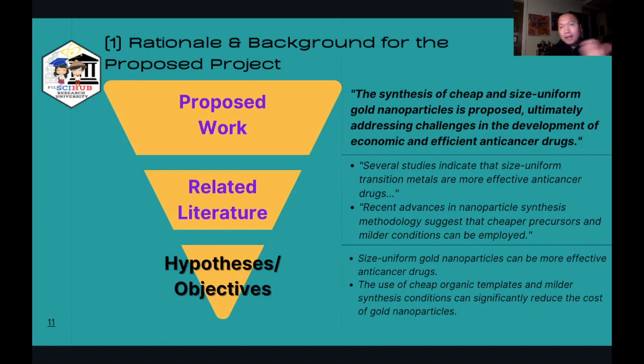So you start citing statements or findings from different studies that say, oh, several studies indicate that size uniform transition metals are more effective anti-cancer drugs. That's findings from other research that helps you justify your interest in size uniform gold nanoparticles. And then you can also include pieces of literature that justify why you think you can make those nanoparticles cheap.